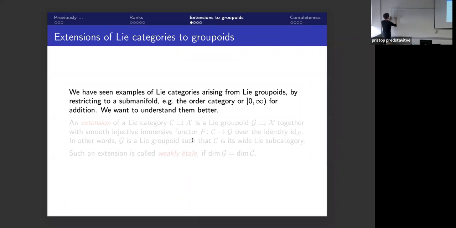How do we multiply? Multiply like this, and the units are also given by unit of x is just x, and this is a groupoid because you can switch the roles of x and y.